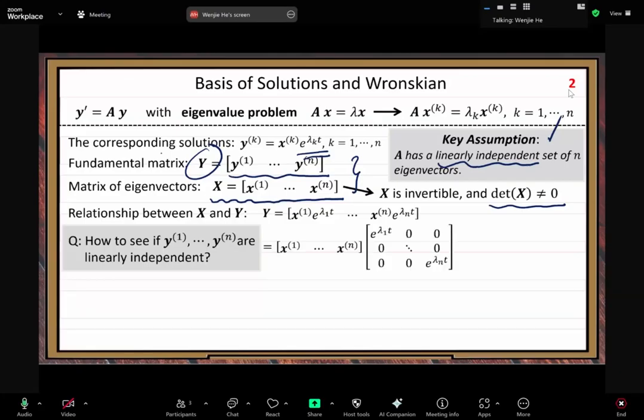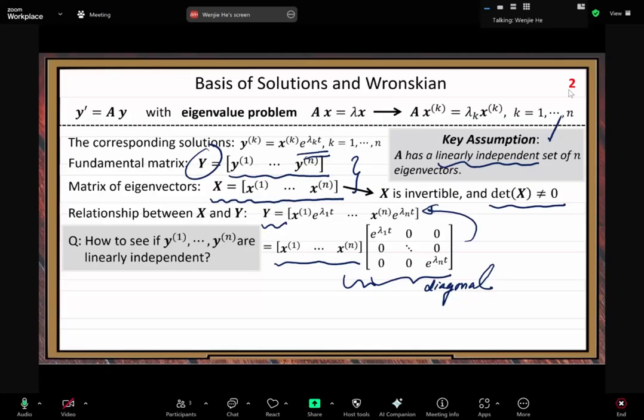So the relationship is that you can write the Y matrix as the X matrix multiplied by a diagonal matrix. If you apply the matrix multiplication, by the definition of matrix product, row times column, you can see the product of these two matrices is the same as Y. All the diagonal entries are those exponential functions.